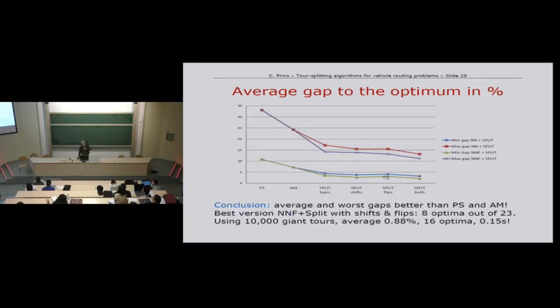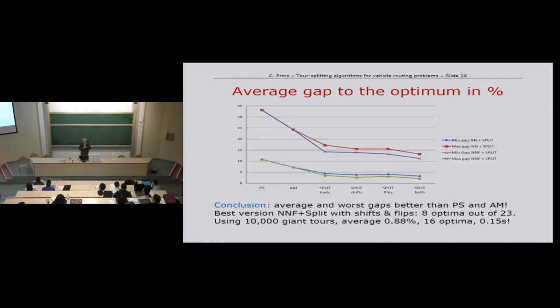So it means that the heuristics in that case are more robust, more stable. So we see we are below 5% if we use a split with shifts and flips, and we retrieve 8 optima out of 23, which is good because anyway it's not an exact method.